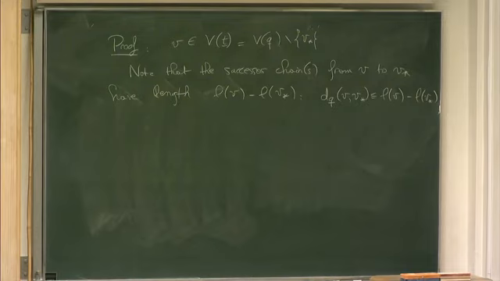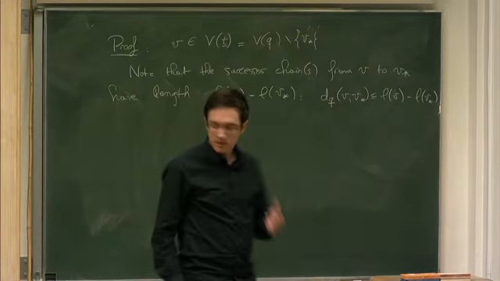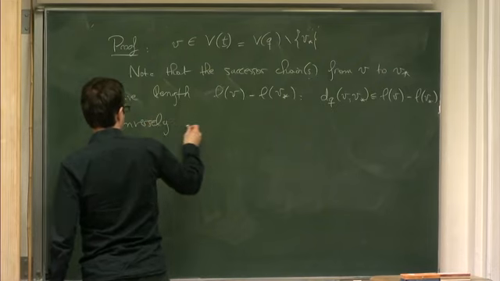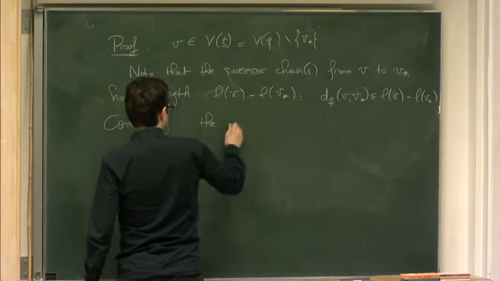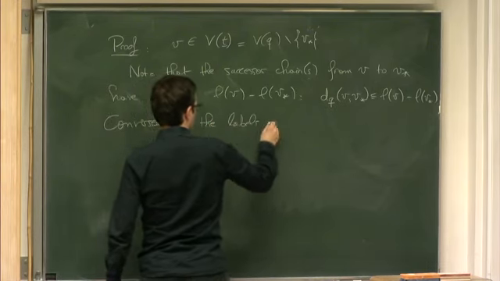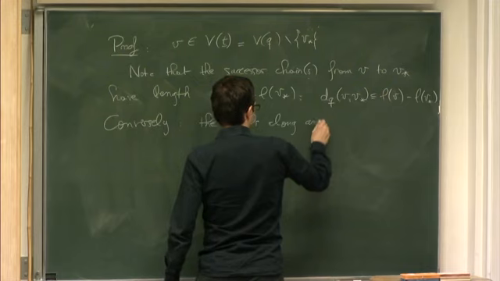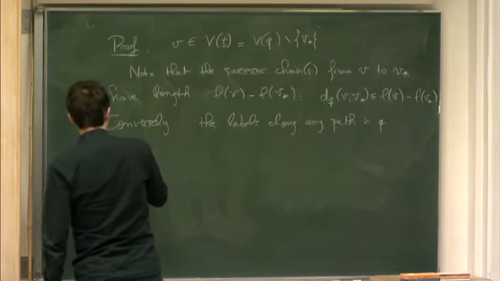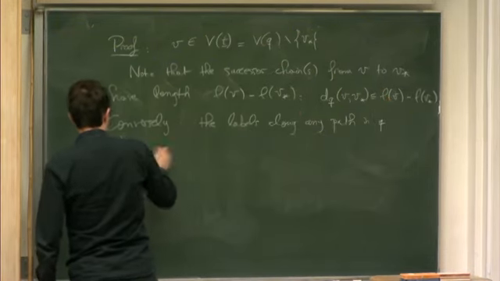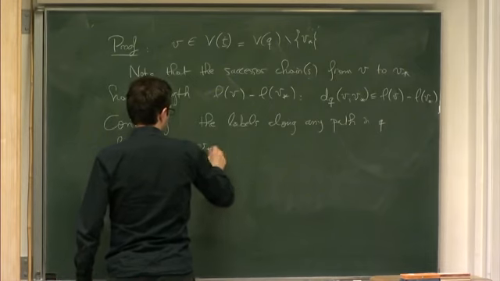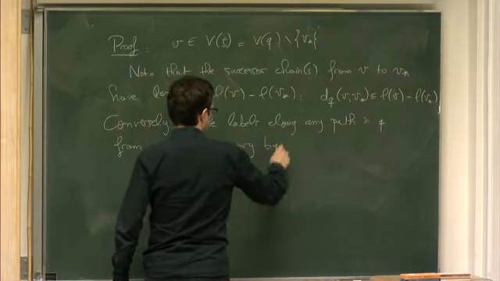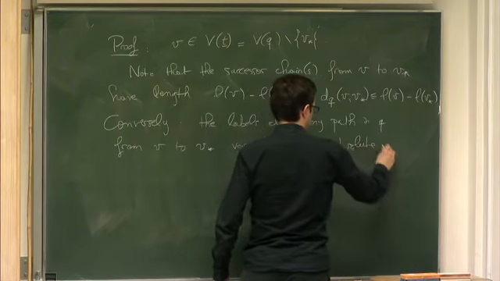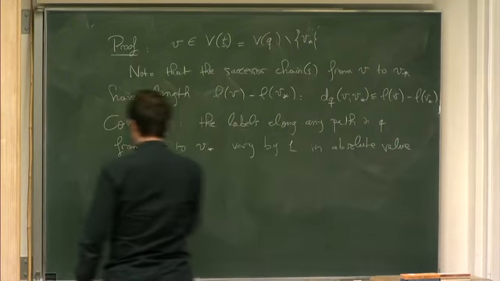But conversely, the labels along any path in Q from v to v star vary by 1 in absolute value at every step.